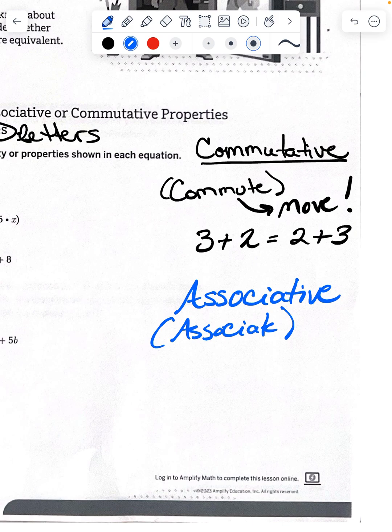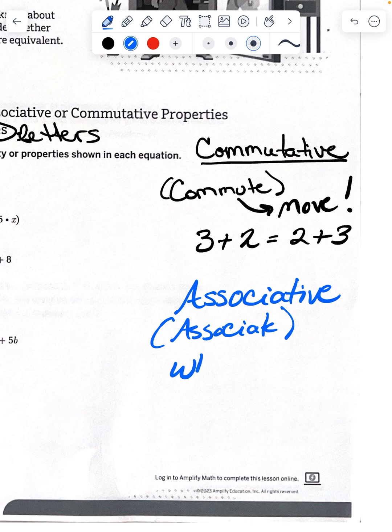And this could be different depending on where you're at. So when you're at home, you may associate with one set of people or groups of people. When you come to school, you associate with different people. When you go to a practice after school, you may associate with somebody completely different. So associate is who you are hanging out with, okay?